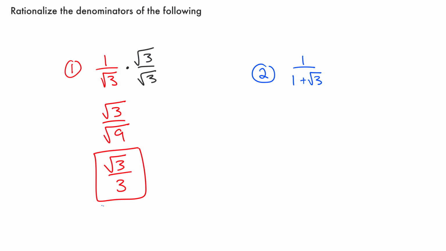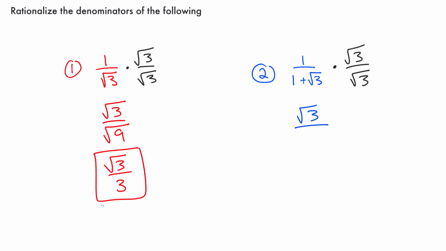There's no plus or minus anything. As soon as we move to problems like number 2, where now we have a binomial, things get a little more tricky. Because if you try the same tactic, multiply top and bottom by the square root of 3, spoiler alert, this is not going to work. Because what you'll get is a square root of 3 on top, because 1 times root 3 is just root 3.